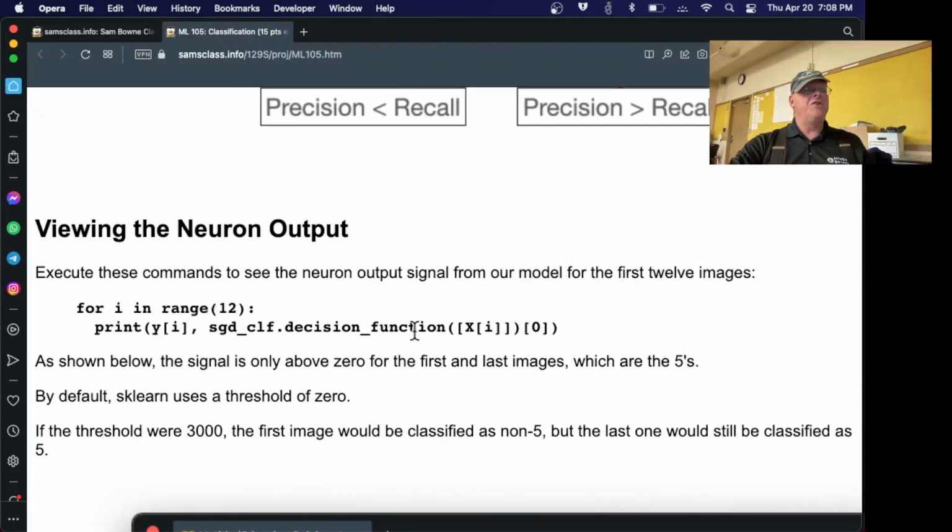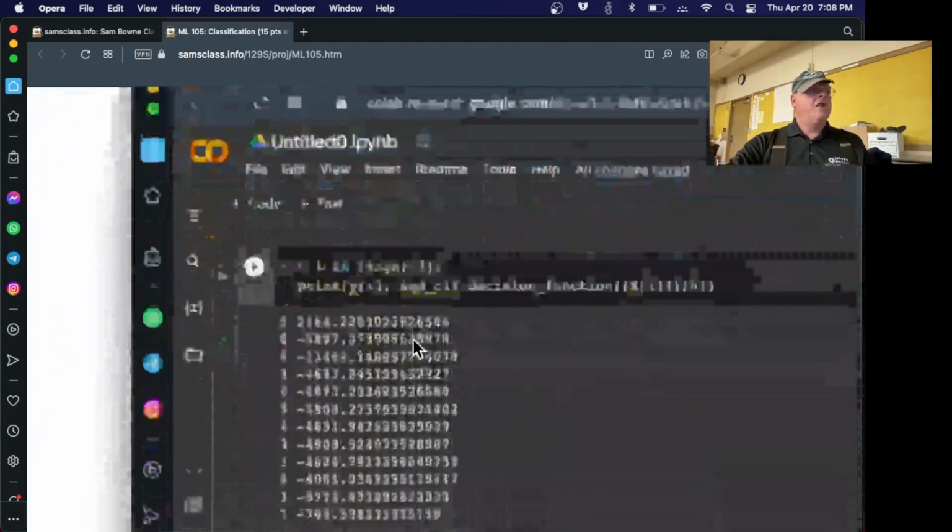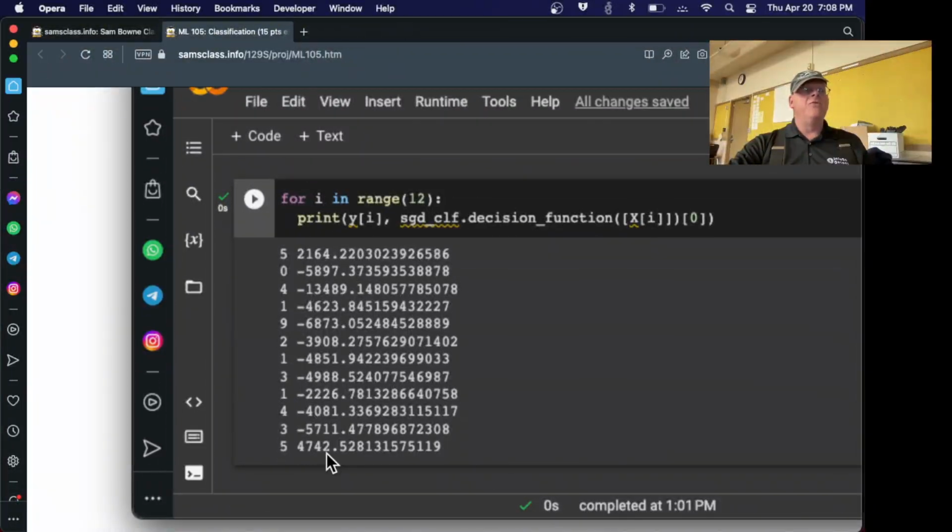Here you can get the decision function from the model, and you can see the signals of the first 12 neurons, because I chose this since the first one is a 5 and the 12th one is a 5. When it's a 5, you get 2,000, and next time it's a 5, you get 4,000, but when it's not a 5, you get a number less than 0. So by default, it scaled it, so the default threshold is 0.